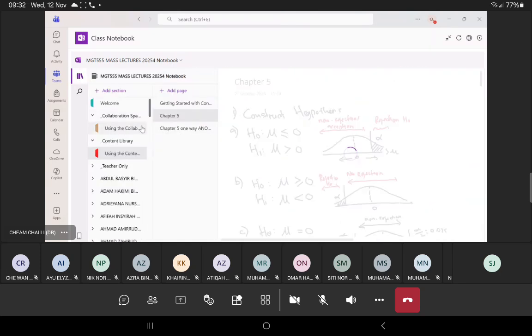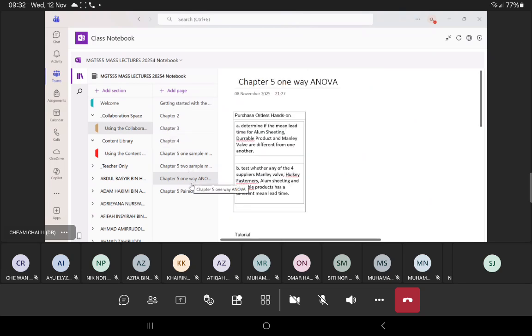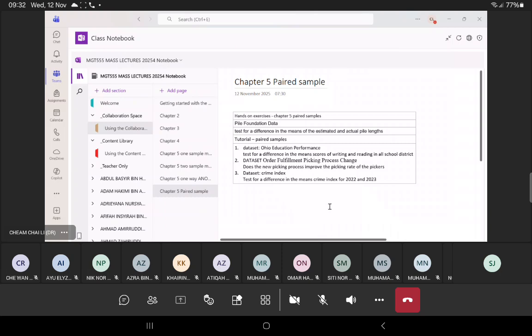So I want you to try the tutorial. Yeah, yang ni mungkin you have to think a little bit before you construct the hypothesis. So for PET sample, yeah, I have 3 sets di sini kan. So that's right.